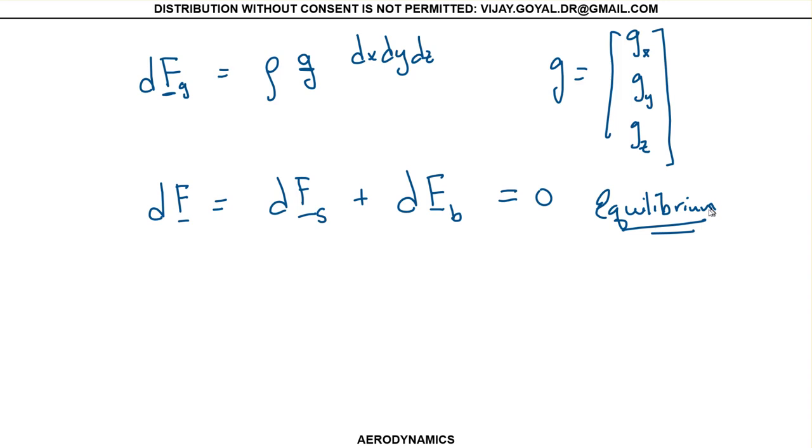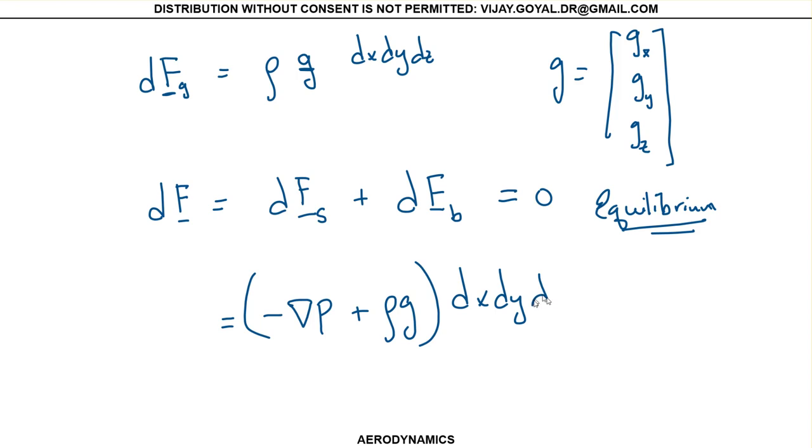Okay, so if I take all this and we replace all these quantities now, we find that what we get is minus gradient of P plus rho G, dx dy dz is equal to 0. And this is a vector, don't forget this. And this is also a vector.